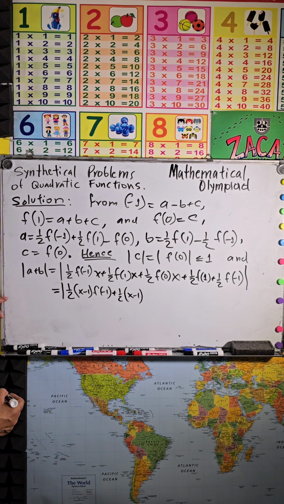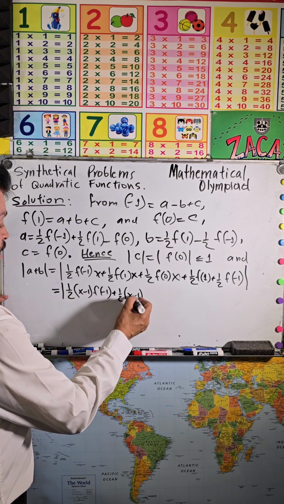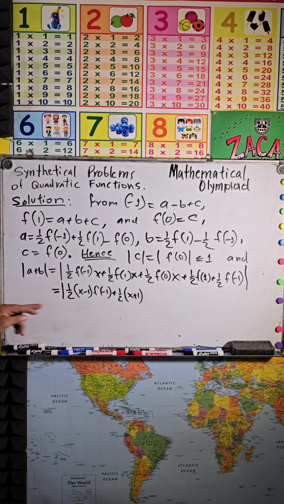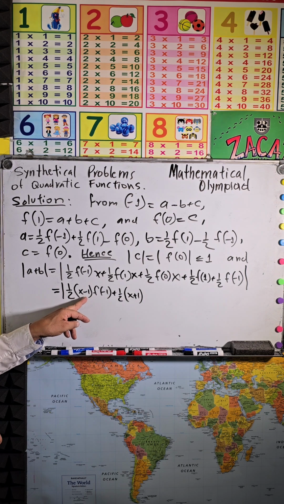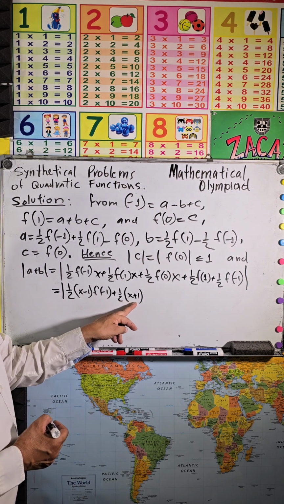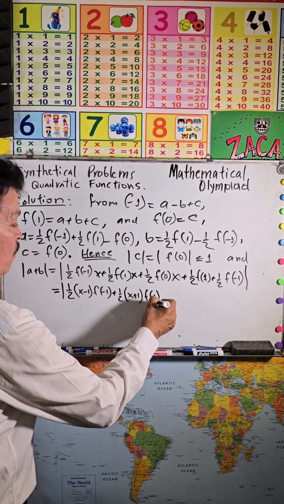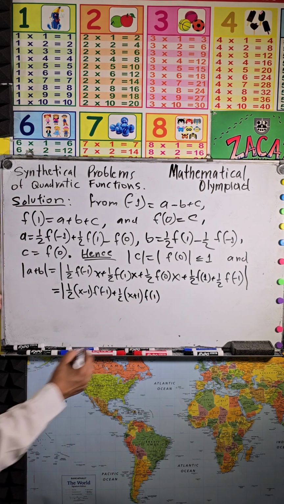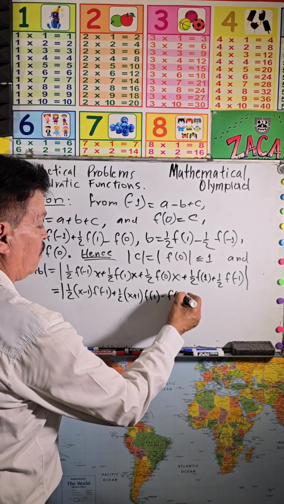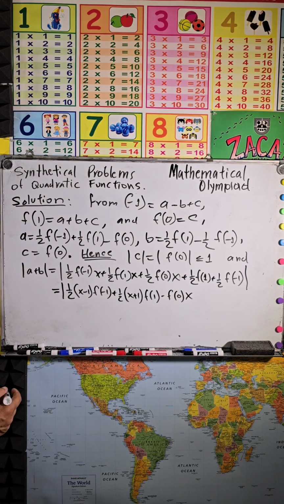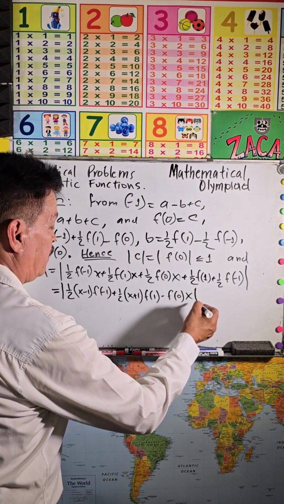Here is not minus, it's plus 1. The first one is negative or plus, and here negative minus 1, here is plus 1, right? Look at this difference times f of 1 minus f of 0 x. All right, so close here.